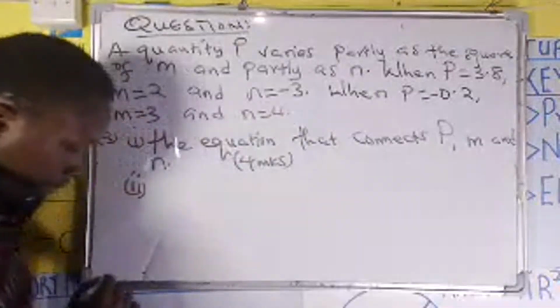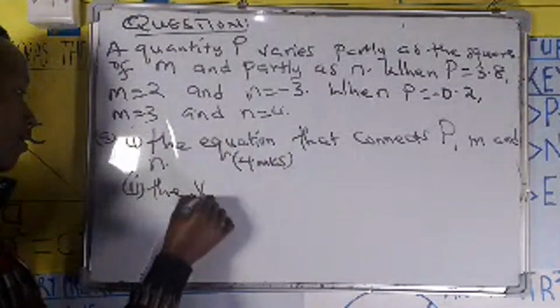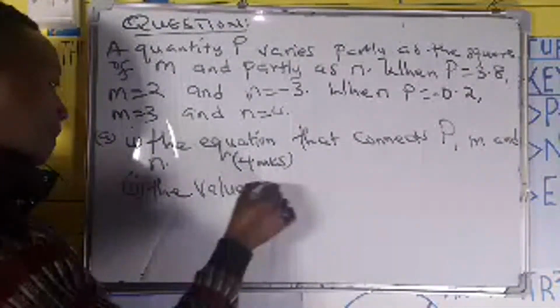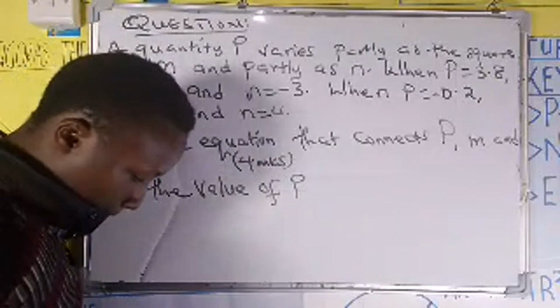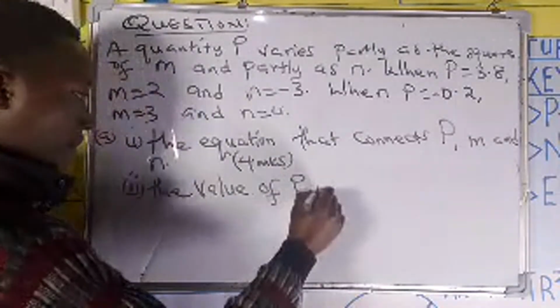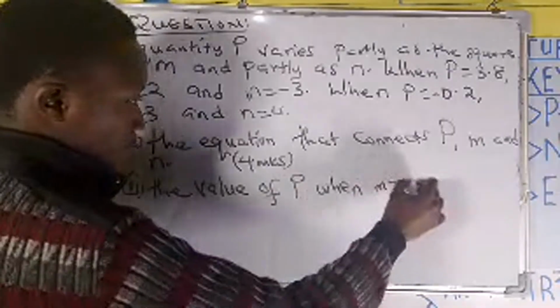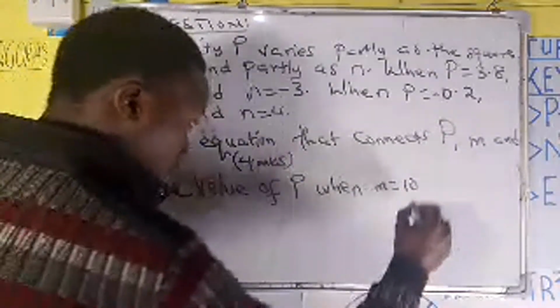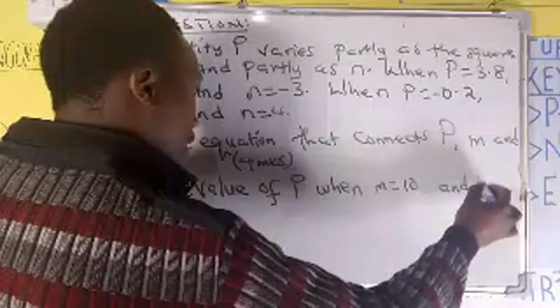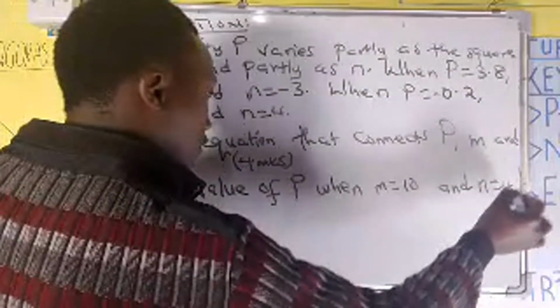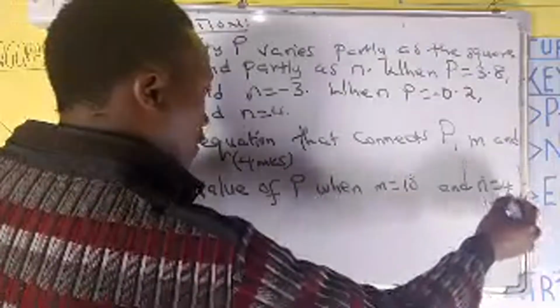Roman 2, the value of P when M is equals to 10 and N is equals to 4, 1 mark.